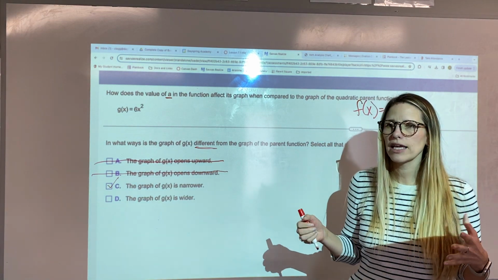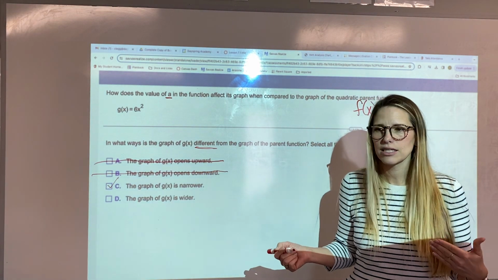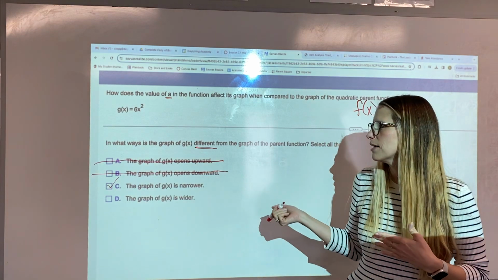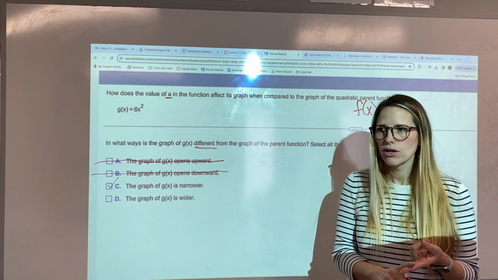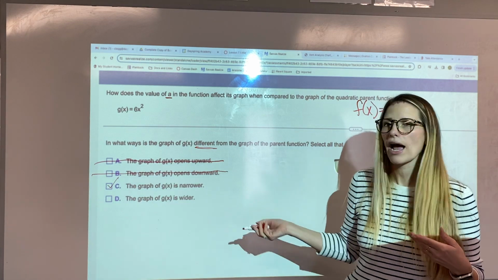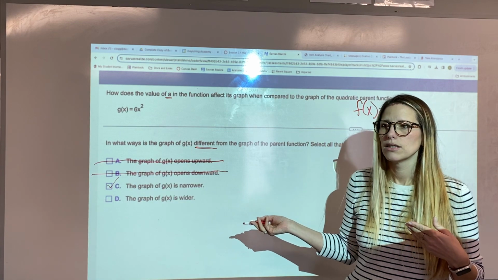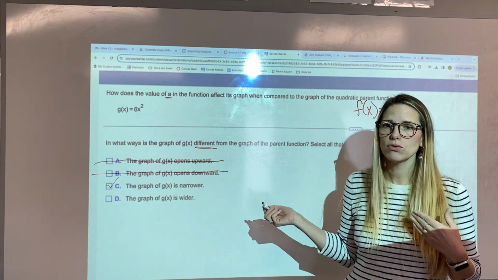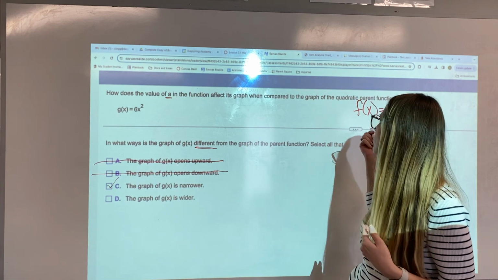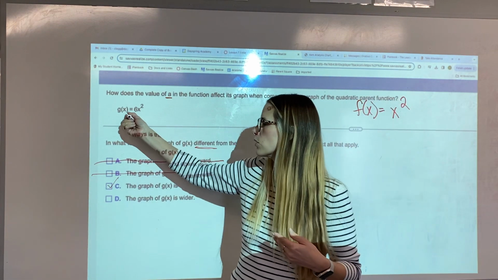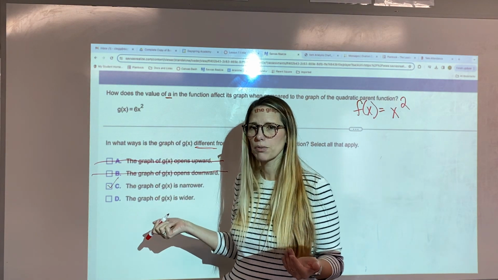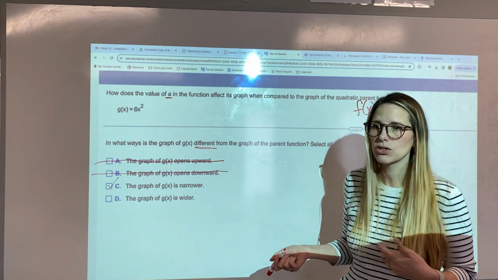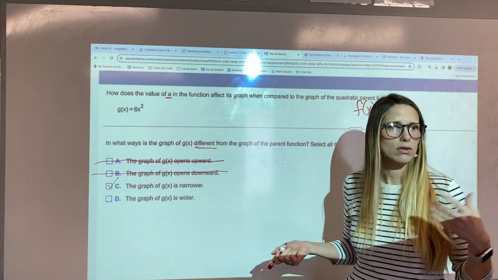So if we were showing work for this and handing it in to me, how would you explain this answer? Because we didn't have to show any math. We didn't have to draw the graph to solve this. If you did draw the graph of the parent function and the little baby, that would be showing work. But you could also just explain it verbally because we don't technically need to draw the graphs to compare them.